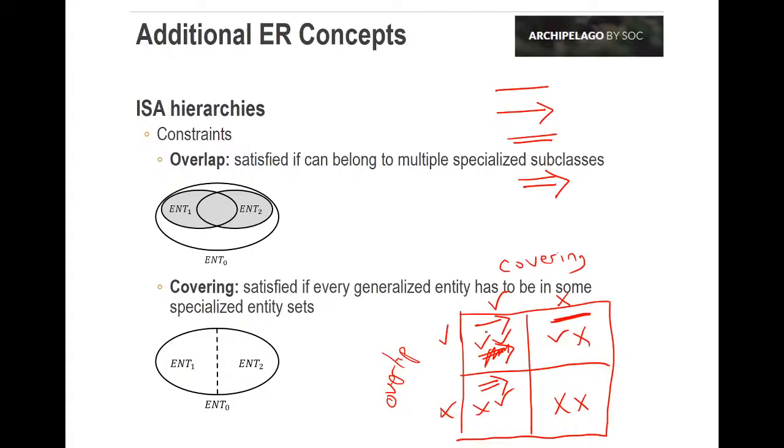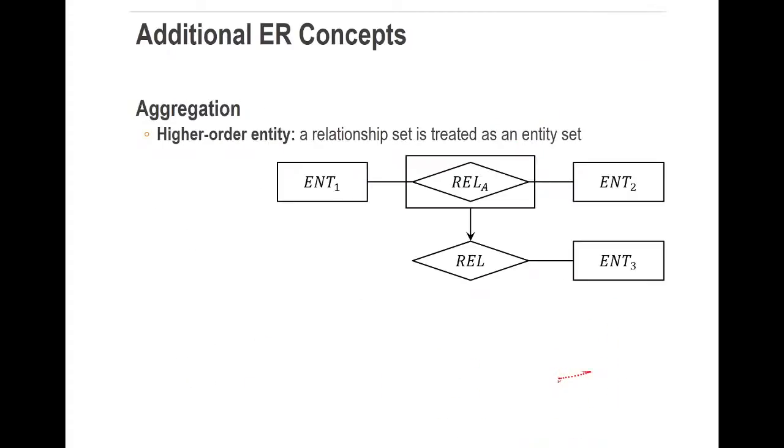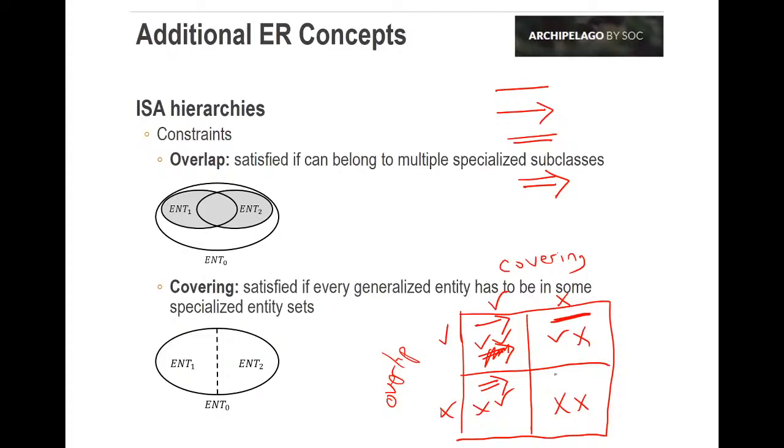No, this is both overlap and covering, and this one is... There was this notation, but I forgot which one it is. The main thing is that I'm not using this. If you want to say overlap and covering, you have to specify that as an additional constraint.